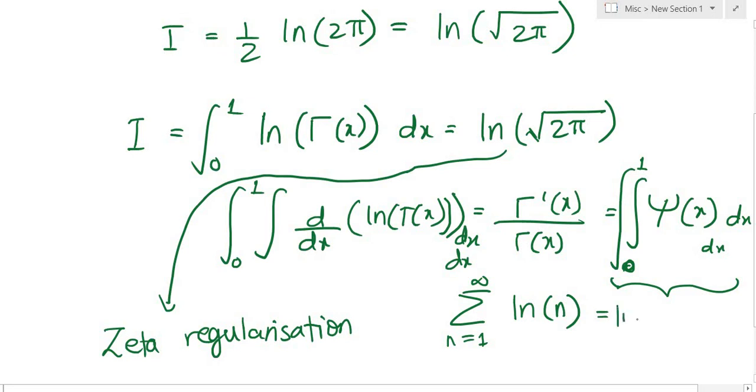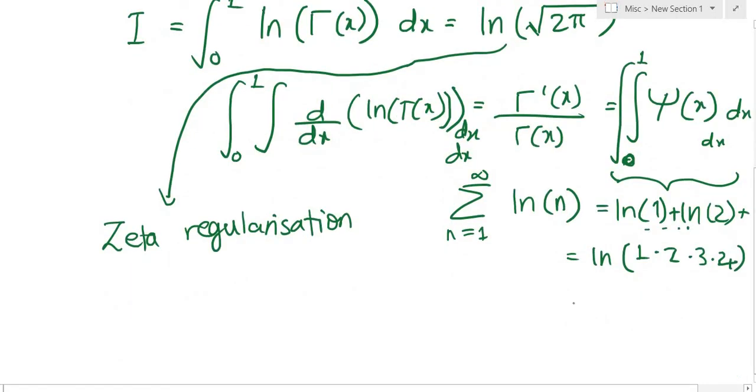So it's like basically natural log summed with itself infinite times, basically yielding an infinite product of terms, and that by the same zeta regularization is nothing but whatever we obtained over here, half of the natural log of 2 pi. So you might probably end up with something like this.